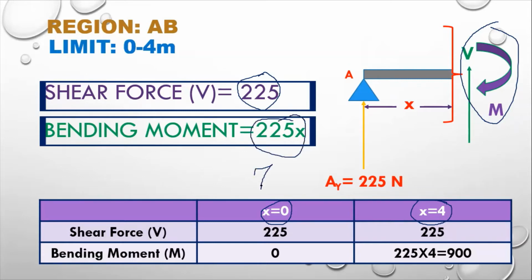And if I put 4 here, I have to multiply 225 into 4, so it will come out to 900. So this is the way you can calculate the initial or final values at a single region. At point A, I will get the value of shear force and bending moment, and at B, I will get the value of shear force and bending moment both.